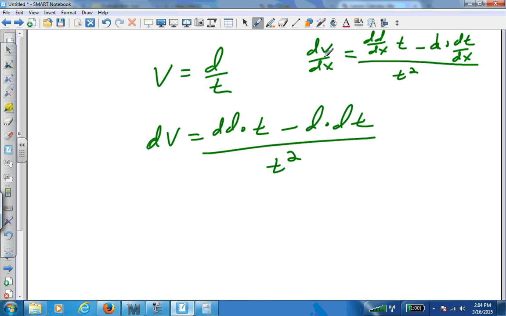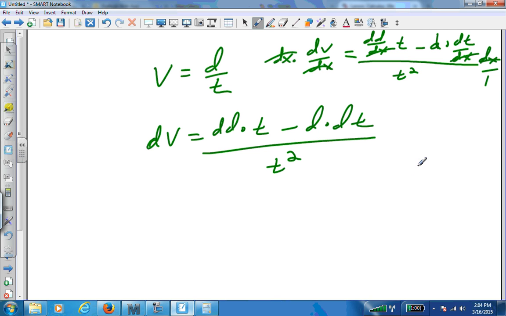But to get dv, if we multiply both sides by dx, the dx's on top will cancel. So dd times t minus d times dt over t squared.